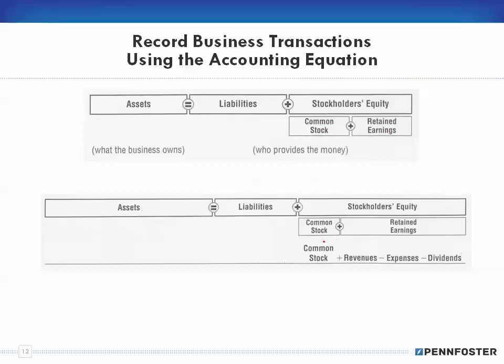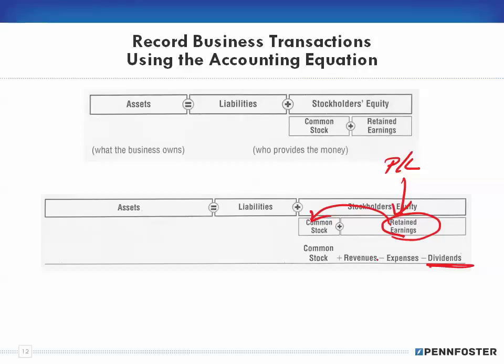Now we move down a bit, and what we see here is what makes up retained earnings. Our profit or loss goes to retained earnings, and we can take some of that and pay dividends, returning it to our common stock shareholders.